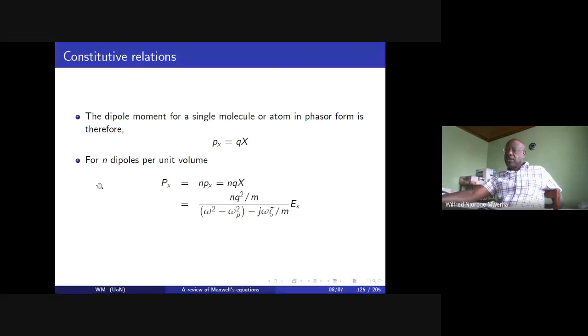So when we have n dipoles per unit volume, that is n atoms per unit volume, and therefore they are all displaced, what we'll get is an n p, and therefore we multiply that n q and x. And therefore, when we place this in the equation that we already solved for x, that is, we replace the value of x, we get that p is just going to be given by that value there.